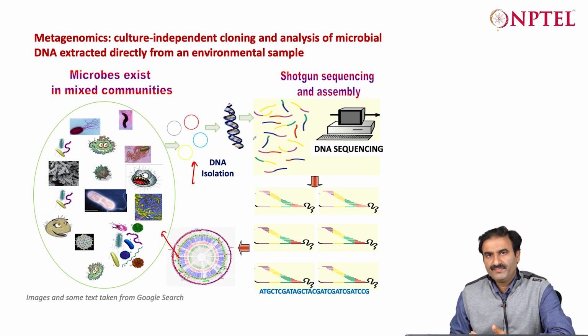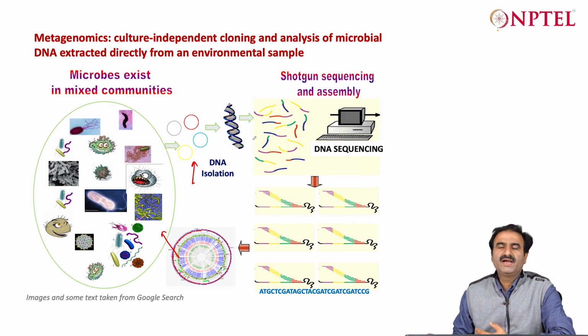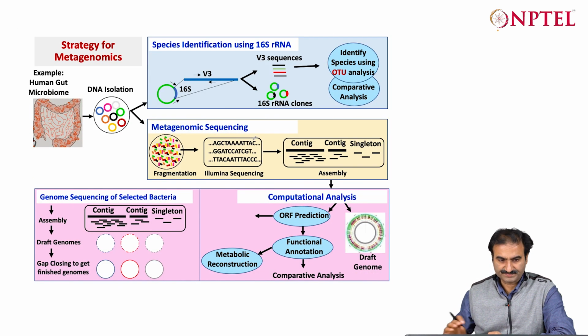The ultimate aim is to reconstruct their respective prokaryotic genomes. For that you need very deep sequencing and more approaches, but at least the fragments that we get are informative enough to find out their function.